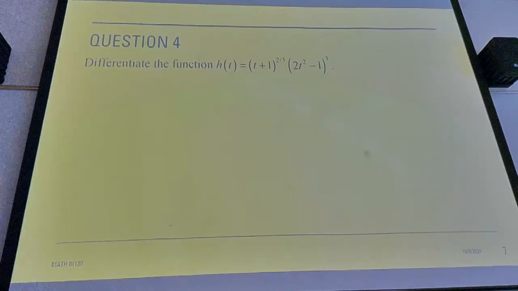What kind of function are we dealing with? And so the dominant rule here is product. What happens when you go to apply the product rule?